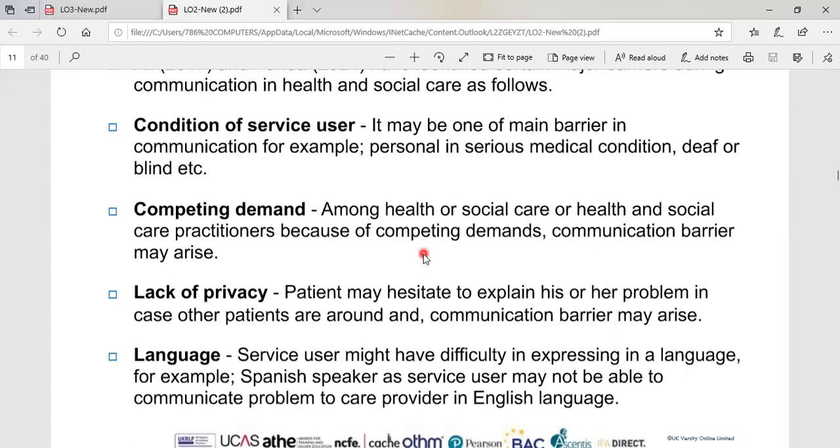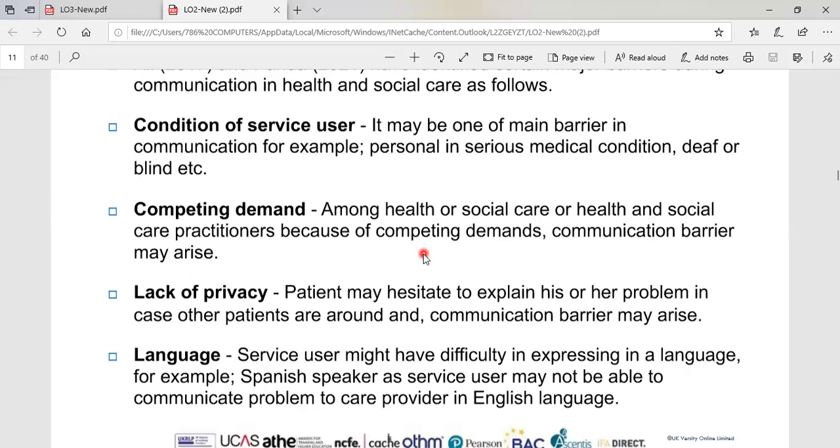Lack of privacy. A patient may hesitate to explain his or her problem if there are other patients around, or if there are interruptions during communication. This is a very important barrier. The patient has to be given respect at all times, and their privacy has to be maintained, even if they don't ask for it; that is understood.